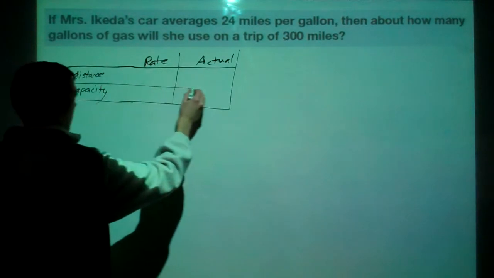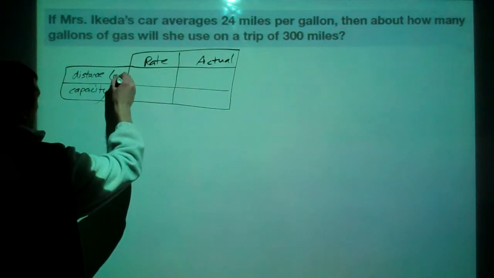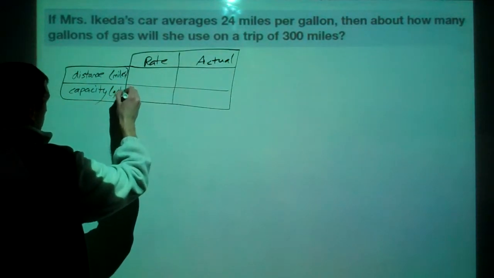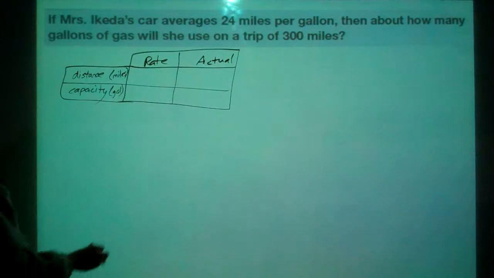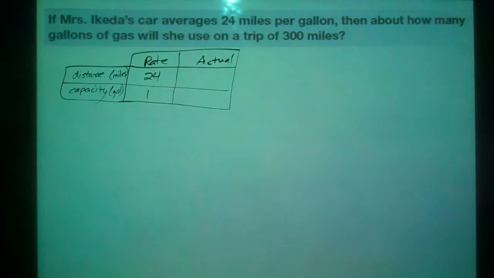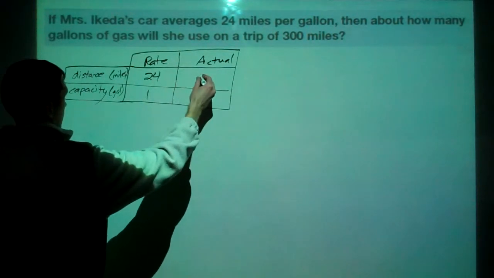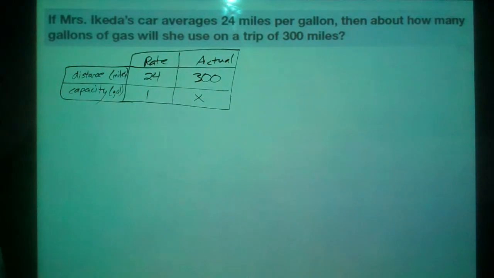Or you could just write miles and gallons. That would be okay too. So what is the rate here? Well, the car averages 24 miles per 1 gallon. So how many gallons will it use in 300 miles? So 300 miles, and we want to figure out how many gallons of gas we use.